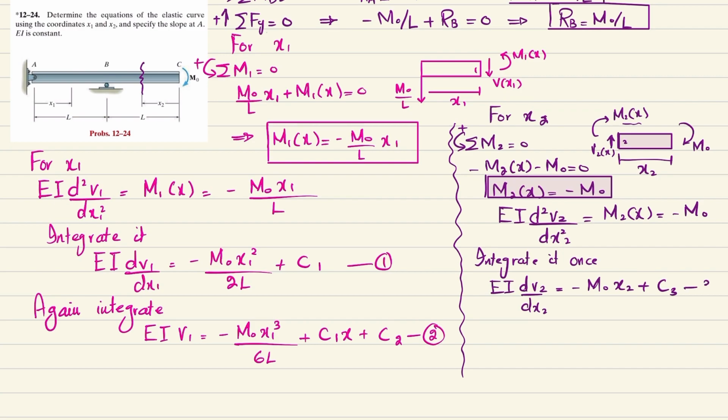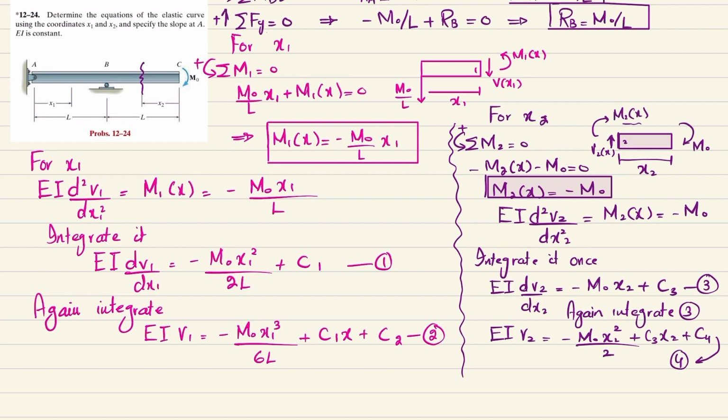Let this be your equation number 3. And if you again integrate equation 3, you will get EI into V2 is equal to minus m naught x2 square over 2 plus C3 x2 plus C4. And let this be your equation number 4.